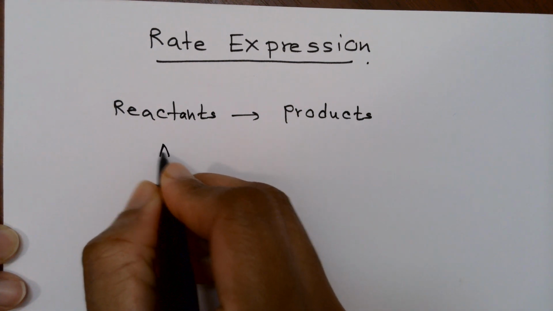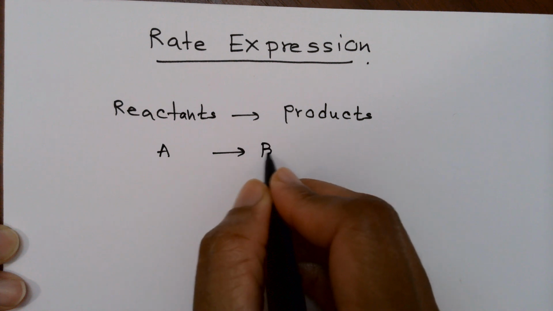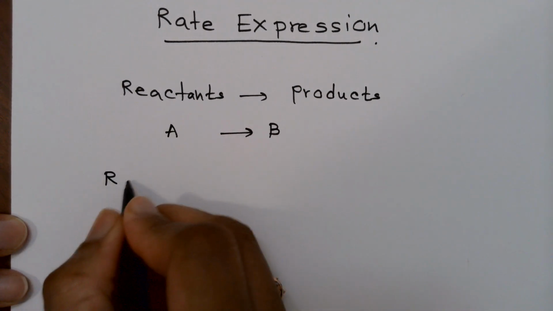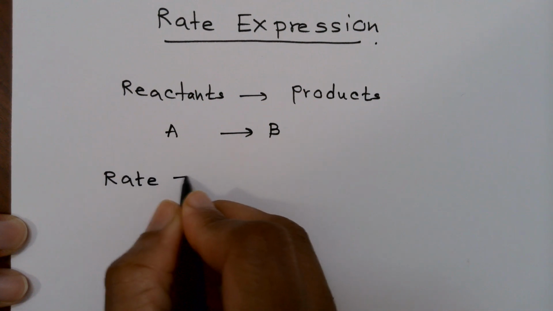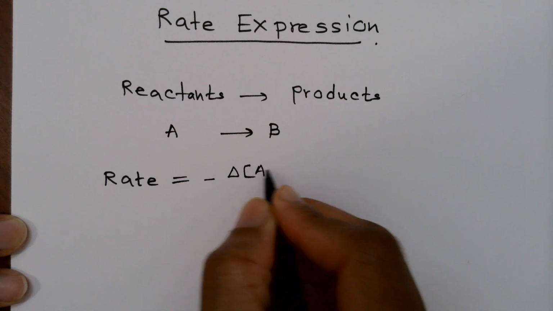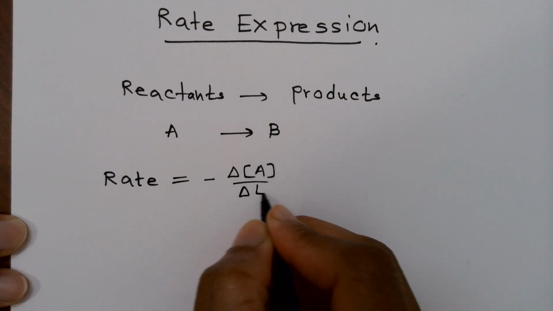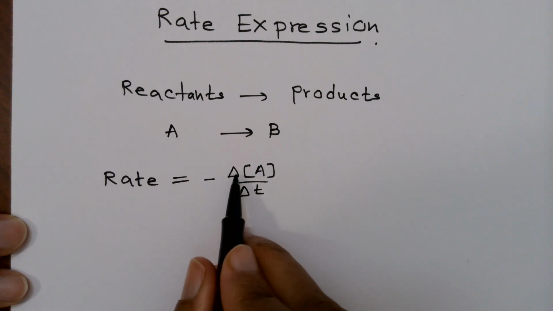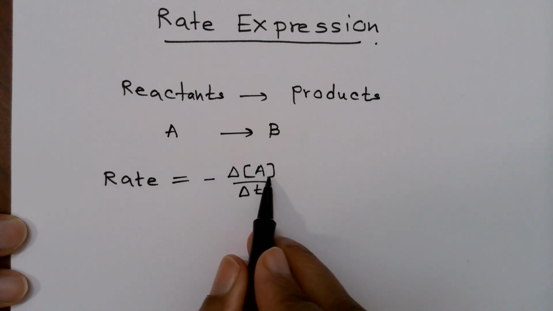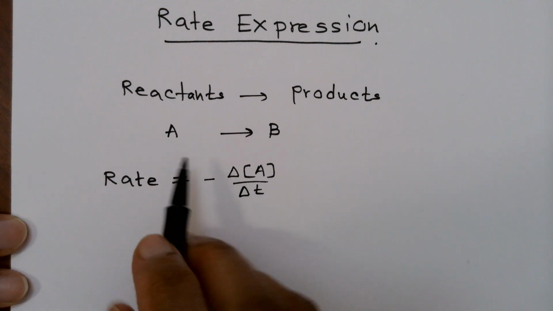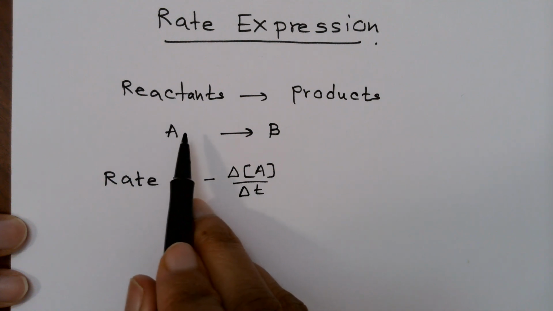So let's write the simple equation A goes to B. For this chemical reaction, the rate expression is: rate equals negative change in concentration of A with time. Here, changing to the word change, we add delta: change in concentration of A over delta T. The negative sign indicates that with time A concentration is decreasing.